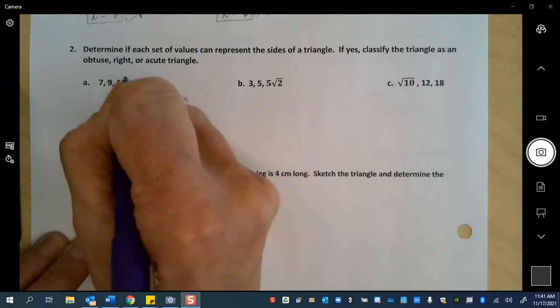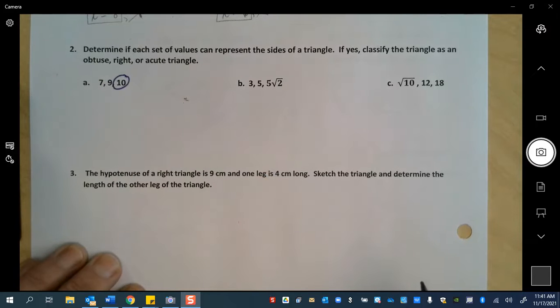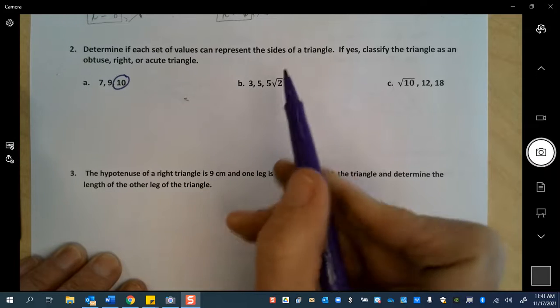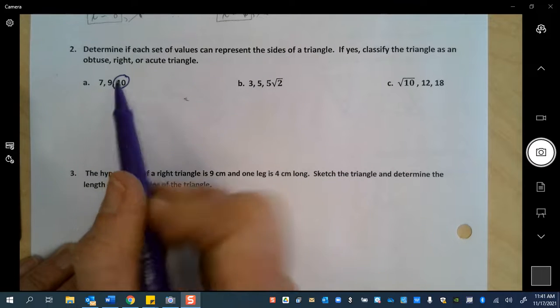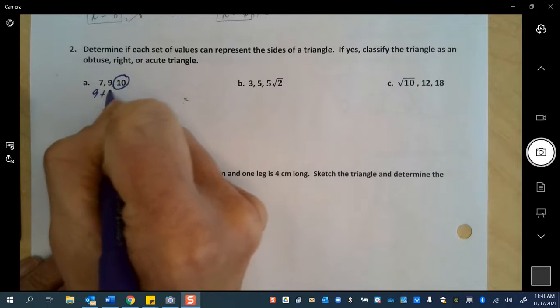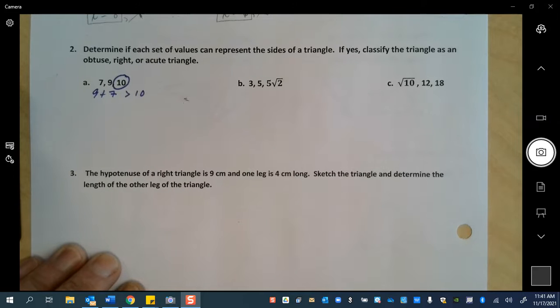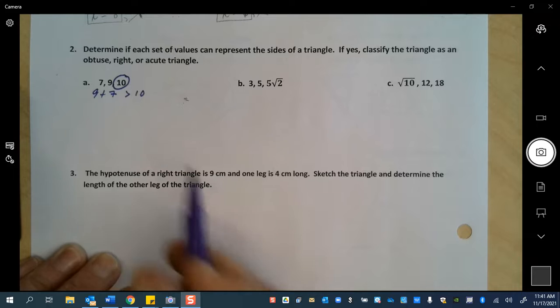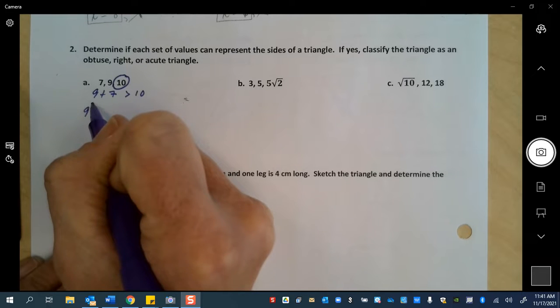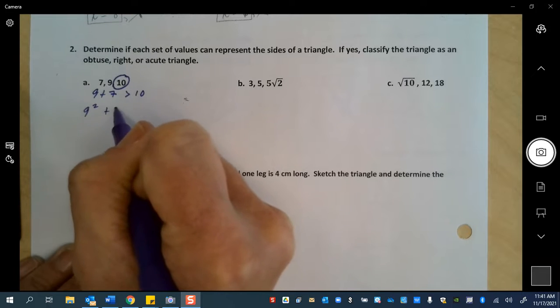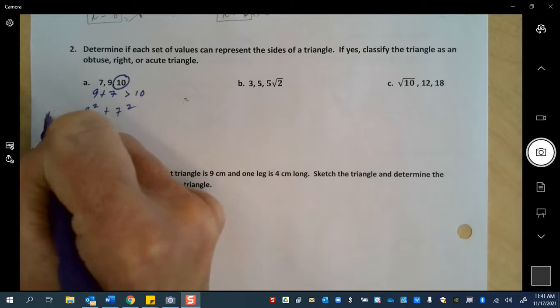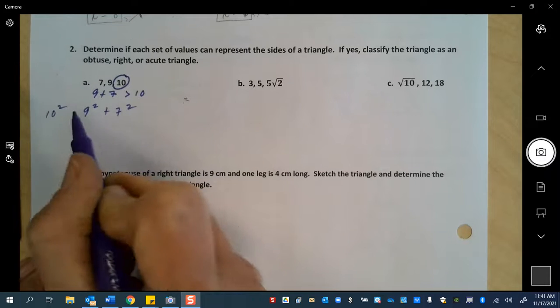First of all, I'm going to identify which is the largest side of the triangle. So I have 10. So I need to know, is 9 plus 7 greater than 10? Yes, that's true. So now I have to see if it fits a Pythagorean story. How does 9 squared plus 7 squared compare? And it's nice to put C over here.